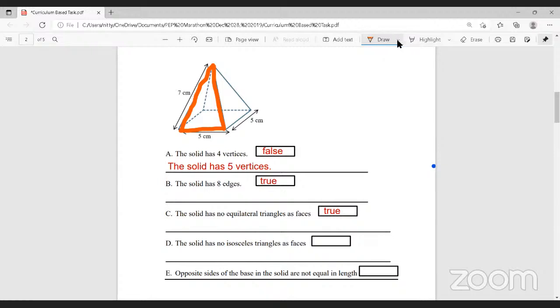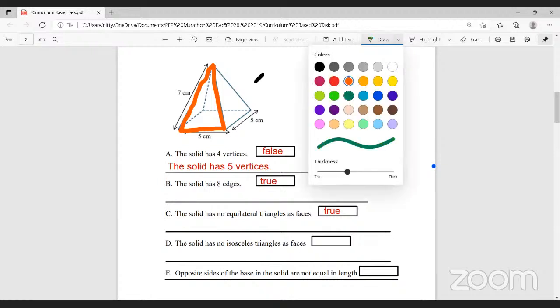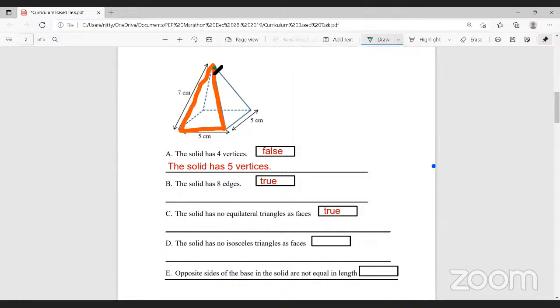Let me try to make another triangle with another face. But we have established already that all these faces are of the same dimensions, right? But I'm just going to do another one here still. So this length, we know it's 7 centimeters. This one here is also 7 centimeters.